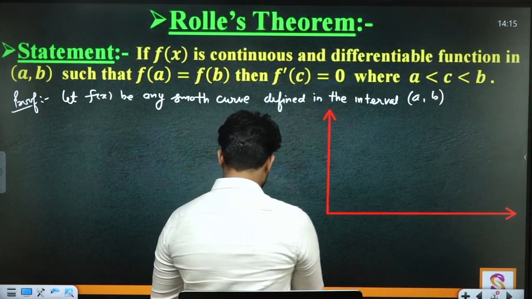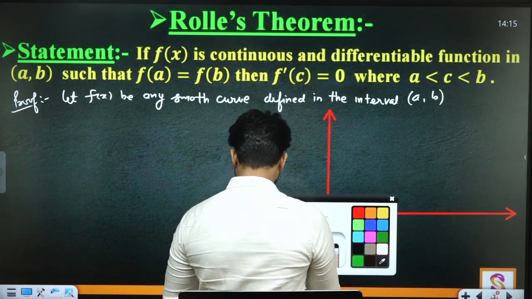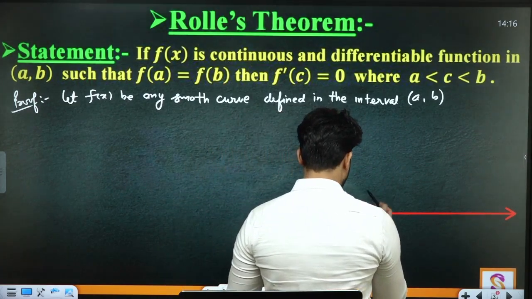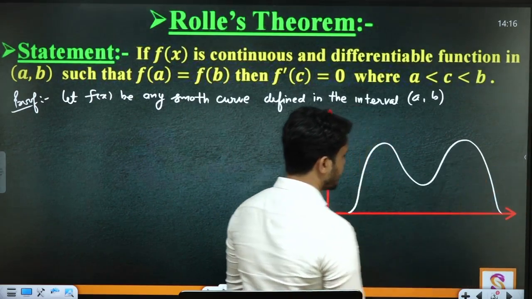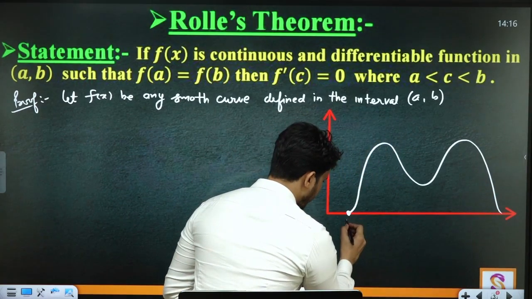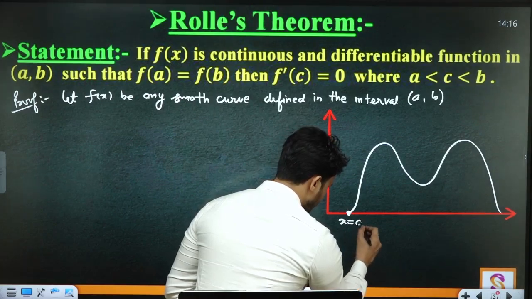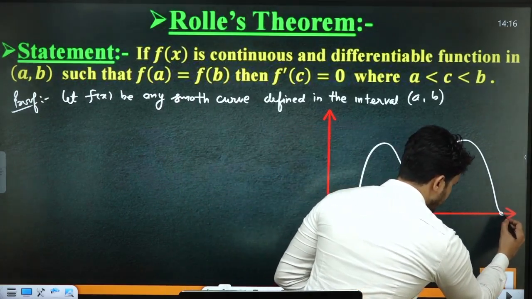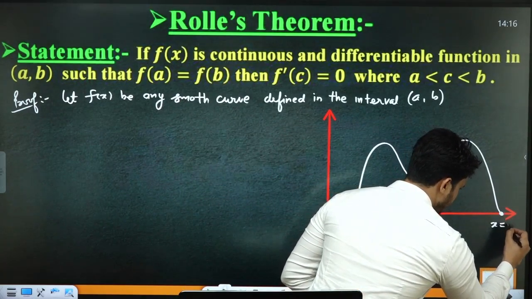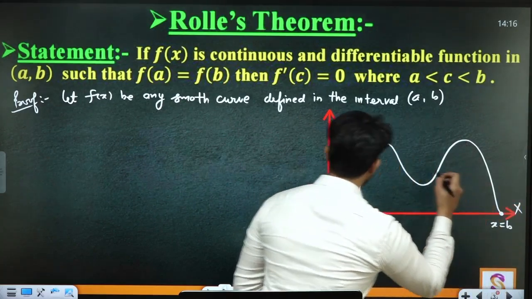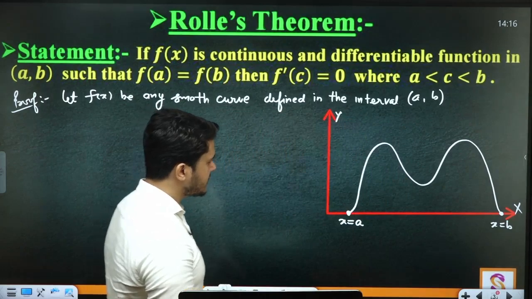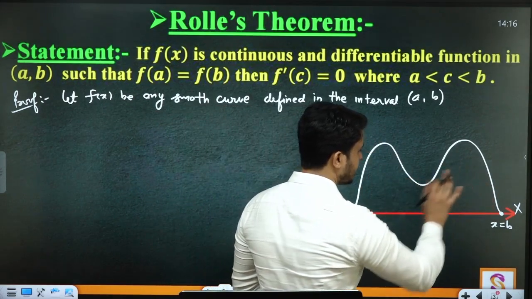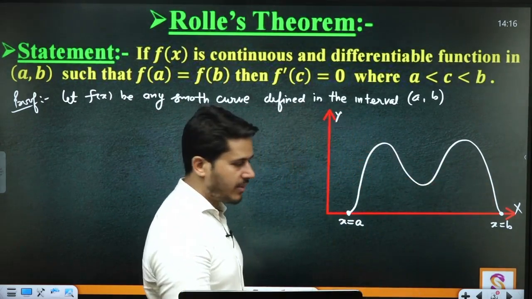And here is a function f(x) defined in the interval. This is x equal to a and this is x equal to b. This is our x axis and this one is y axis. So this function f(x) is defined in this interval (a, b).